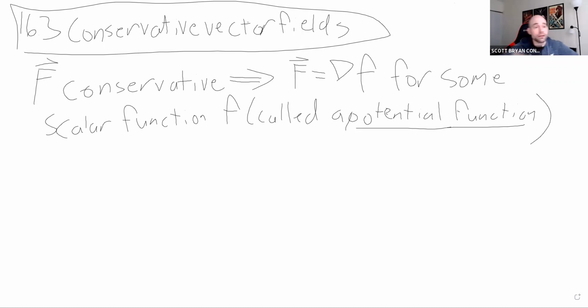And when you take the gradient, you get the same vector field, right? So there are infinitely many of these potential functions, but they only differ by a constant. So we're conservative if we're the gradient of some potential function. And these have very nice properties, as we saw.